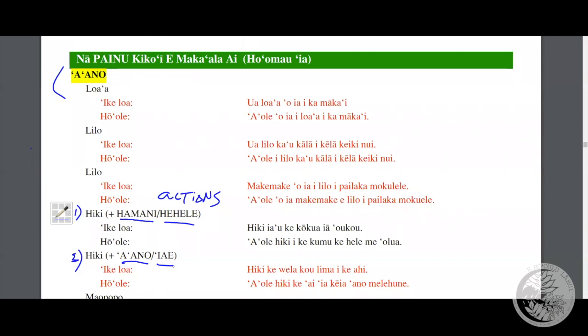And the first thing we realize is when we use these kinds of painu, we have to make the distinction of it being action or non-action, because these are the two different sequences that it follows. So in the first one, we see the example, hiki ya'u ke kokua. And notice the word kokua is an action verb, which is to help.